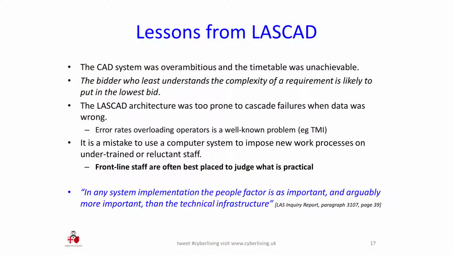Another lesson from this is that it's a mistake to use a computer system to impose new work processes on staff who are either reluctant to work in the new way or who haven't been trained and accepted and learned how to do things in the new way really effectively.